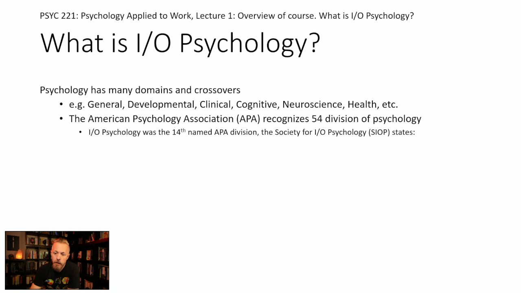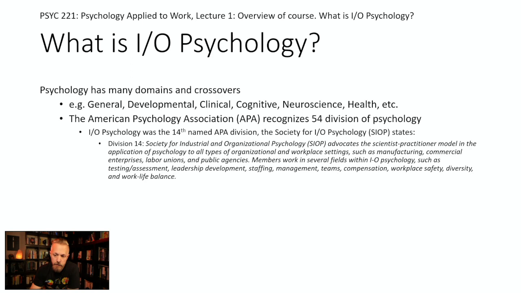Specifically, IO psychology is the 14th named division, and then there is the Society of IO Psychology, and they specifically state that if you're a member and you are an IO psychologist, that means you're a scientist-practitioner, which is to say that you work to advance the field of IO psychology.